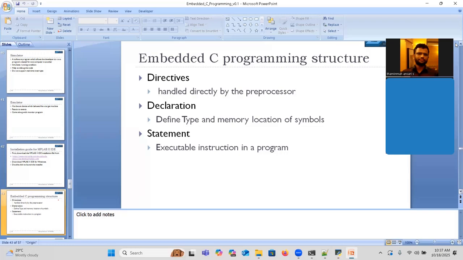Where usually does a computer program store the data that we feed in the program? I'm asking a question actually. Where is the data that we enter in the program stored? It will be stored in RAM. So declaration allocates memory in RAM.